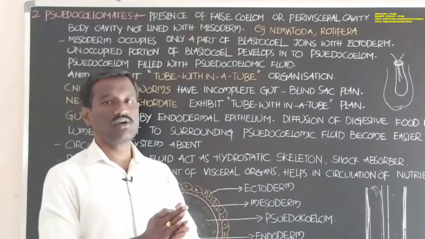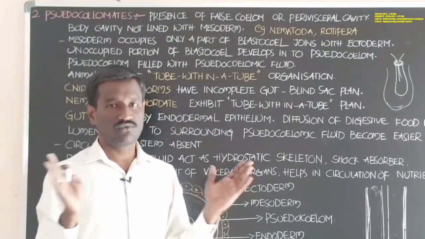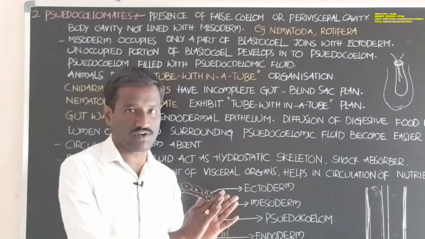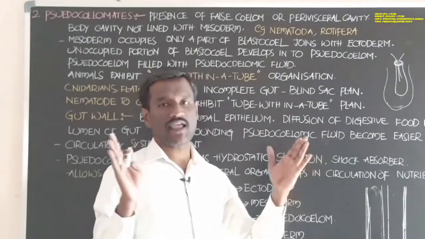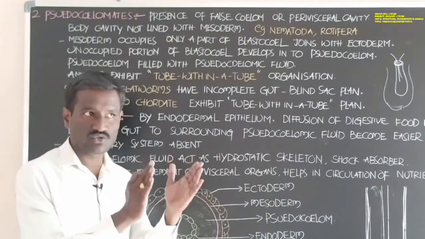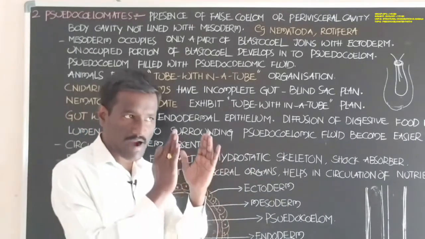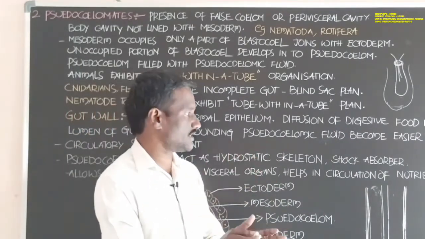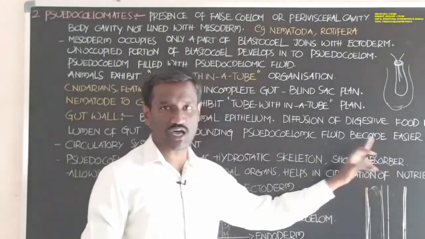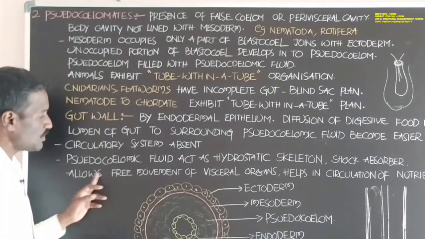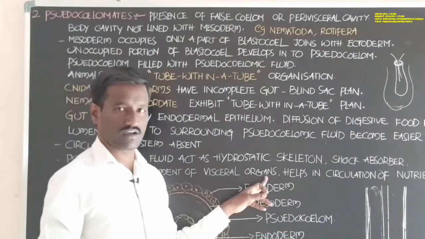Hydrostatic means fluid state, state of the fluid. This is totally filled with the fluid, so it is acting as a hydrostatic skeleton, and also acts as a shock absorber. Next, it allows free movement of the visceral organs.